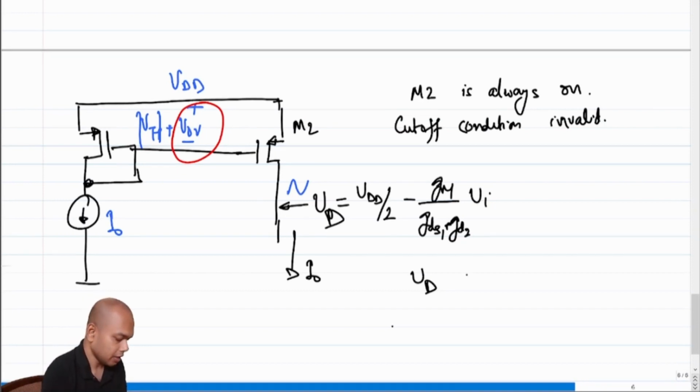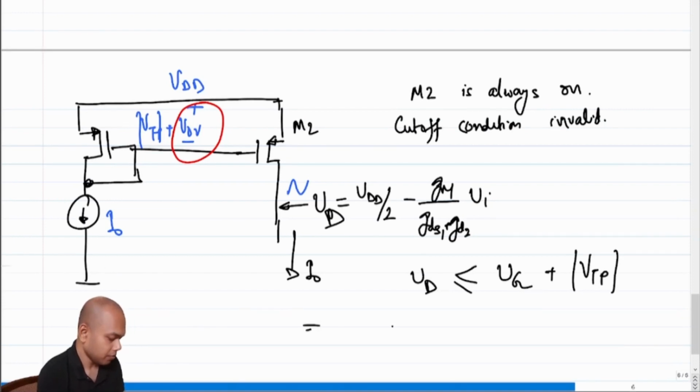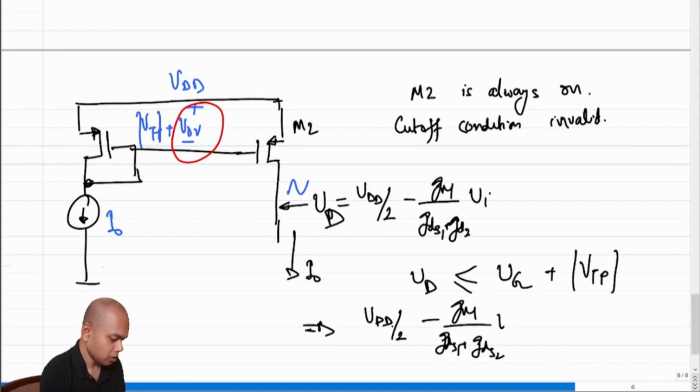Which means VD should be less than or equal to the gate voltage plus the threshold voltage. What is VD? VD is VDD over 2 minus GM1 by GDS1 plus GDS2 times Vi. This should be less than or equal to VG. What is VG?